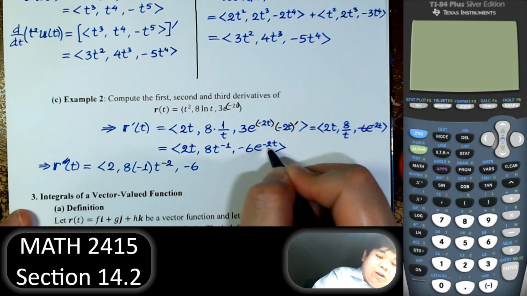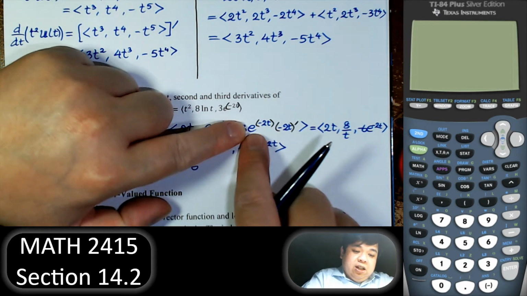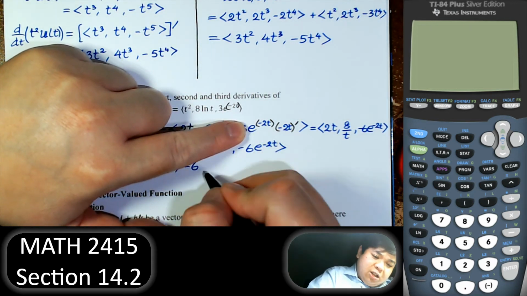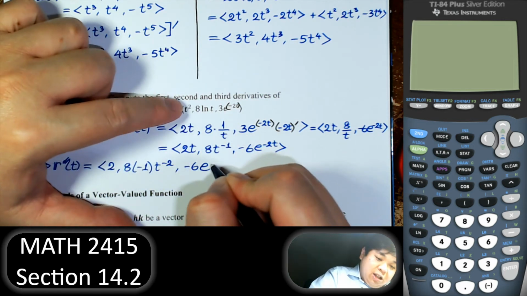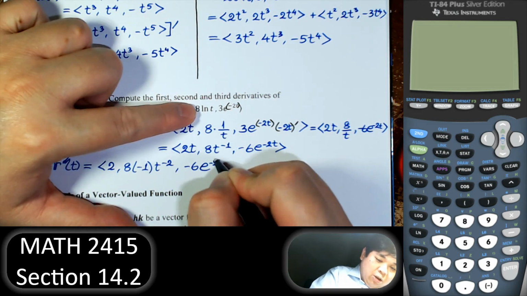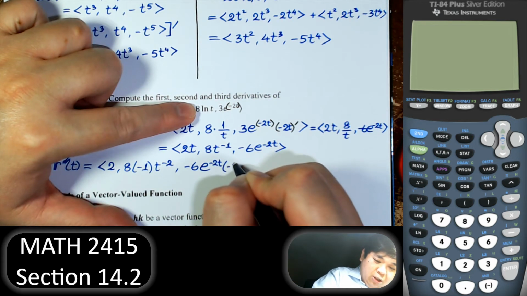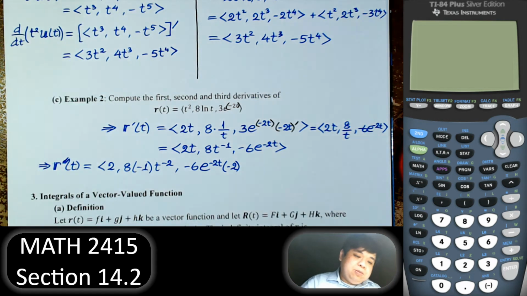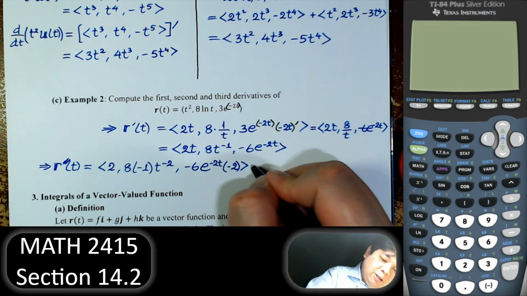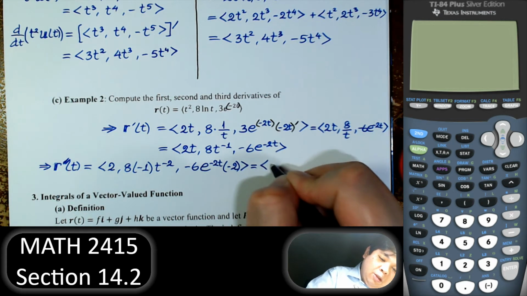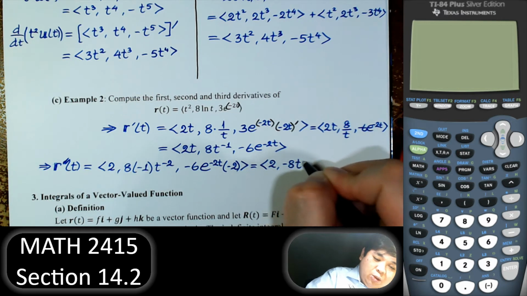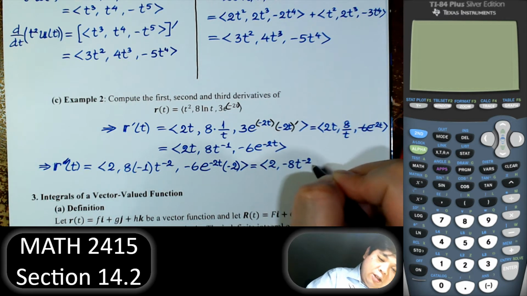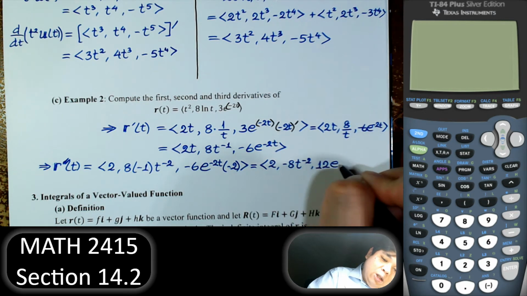Derivative of e to the negative 2t is just e to the same thing, and then derivative of negative 2t is negative 2. Right. So 2, negative 8 t to the negative 2, and negative, that's a plus 12 e to the negative 2t.